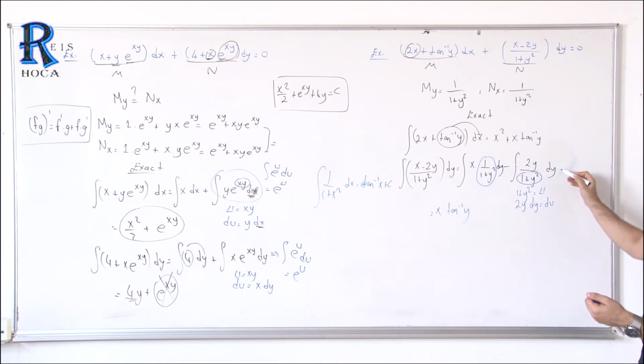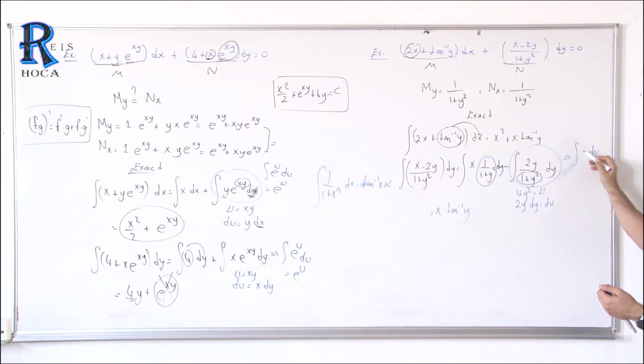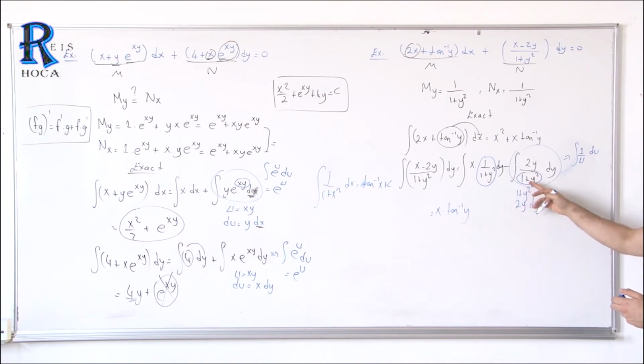So this integral will be 1 over u du, since 2y dy is du and 1 plus y square is u.